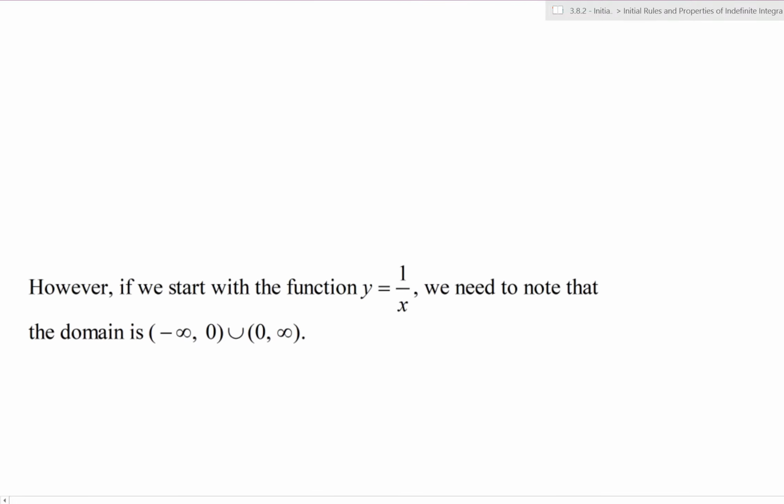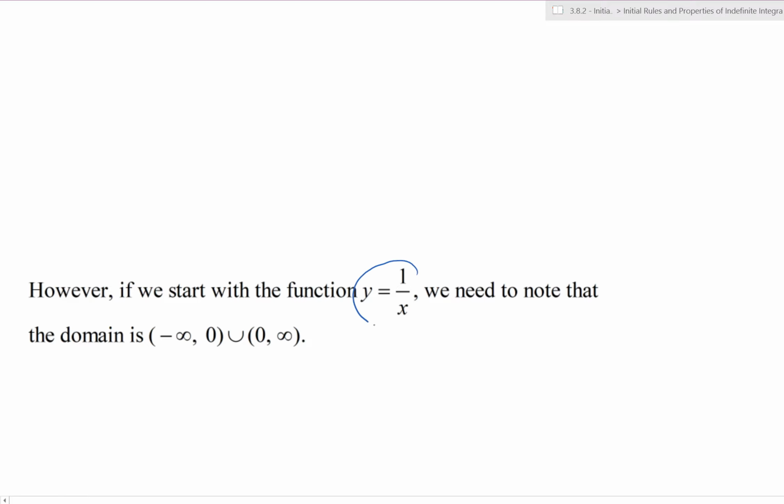If we actually start now with the function, say, y is equal to 1 over x, well, that has a domain that is actually all real numbers excluding 0, and hence negative infinity to 0 union with 0 to infinity.